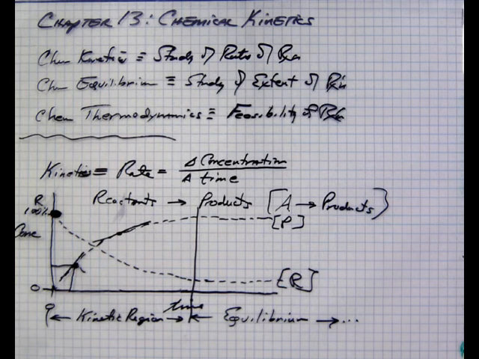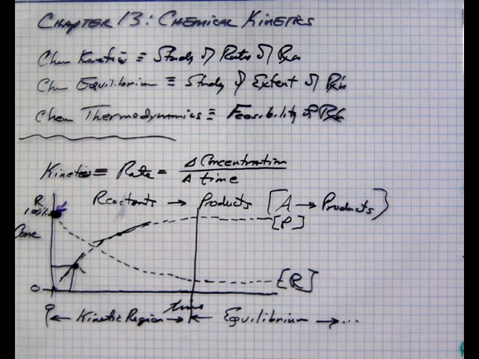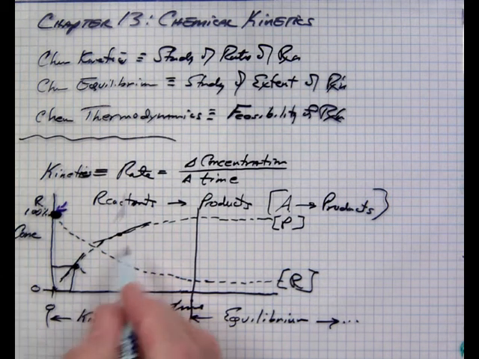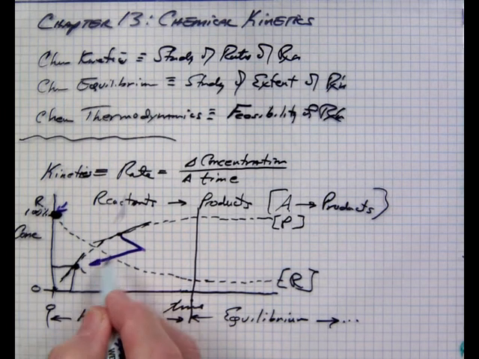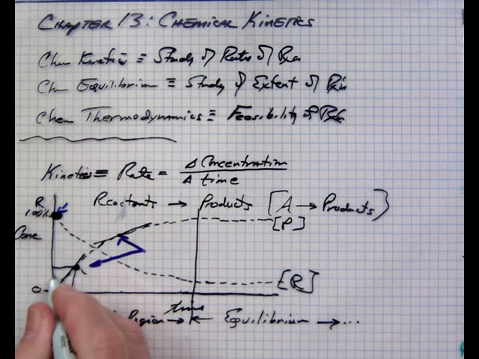What the next comment should be is, well, what is the average rate of the reaction, or where do we identify the ultimate highest rate of the reaction? And actually, the highest rate is right here. We'll talk about that in just a second. But notice how the slope of the line is changing. It starts out vertical.